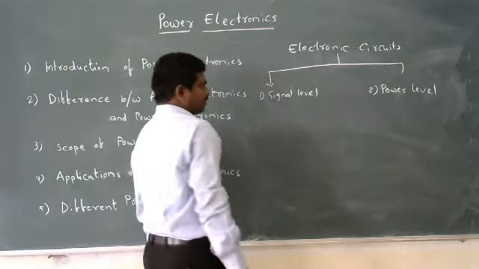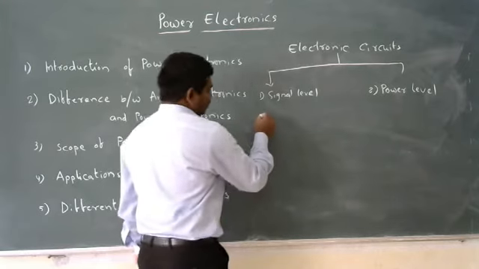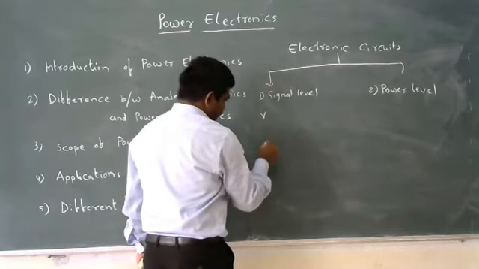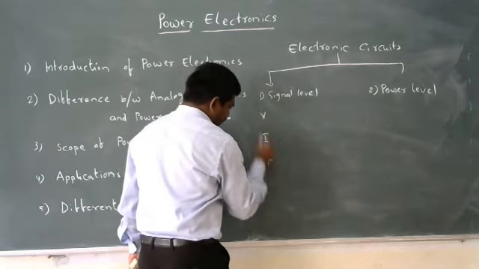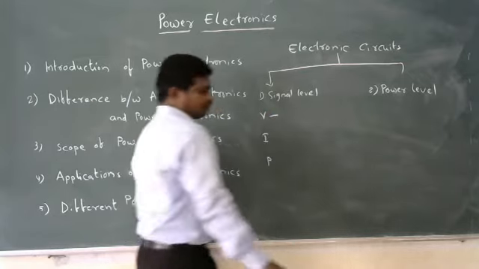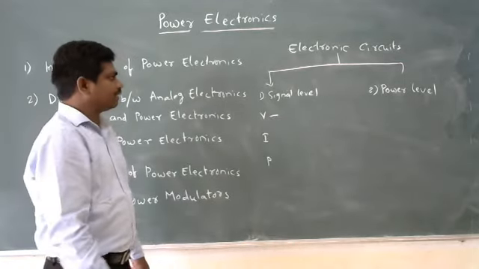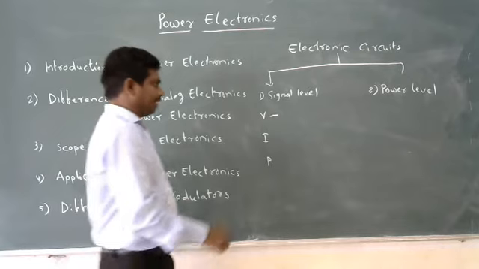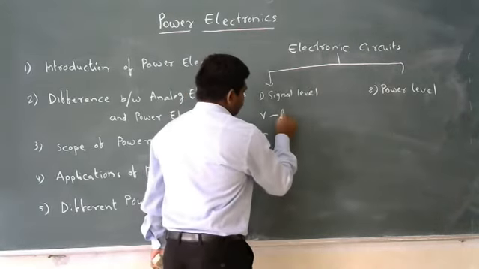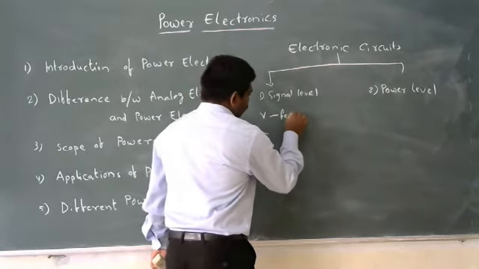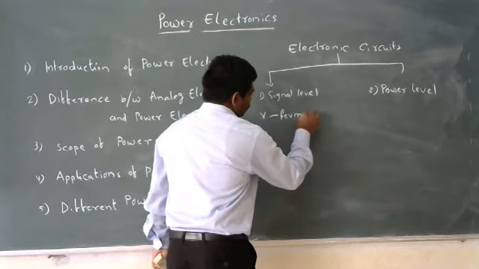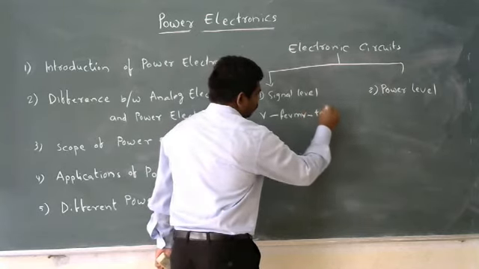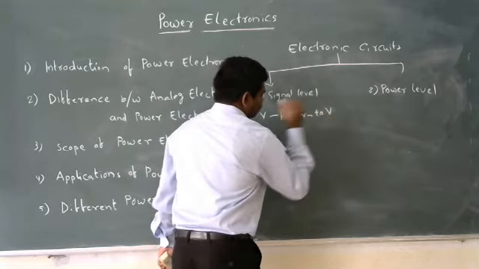Signal level electronic circuits are handling different voltage values, different current values, different power values. The range of the voltage values that the signal level electronic circuits are handling is few millivolt to some voltage values.